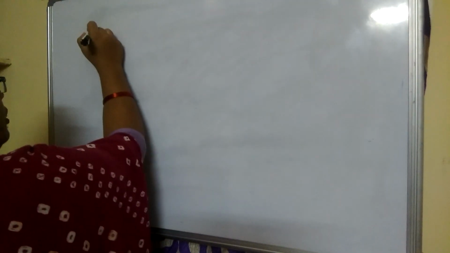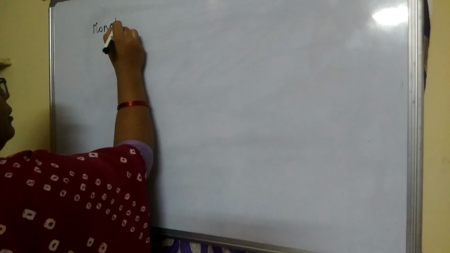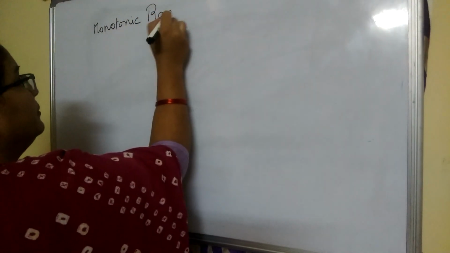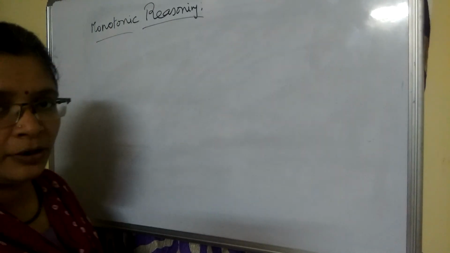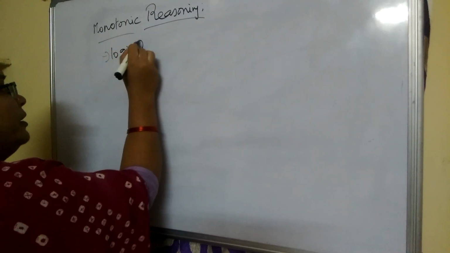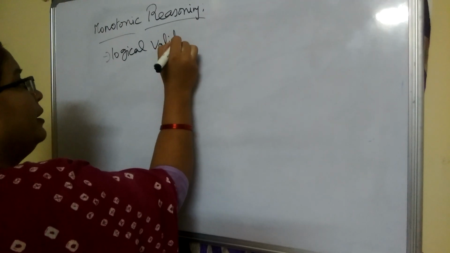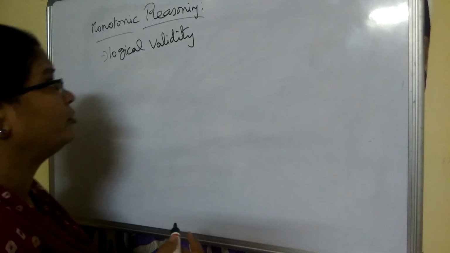First we talk about monotonic reasoning. So what is the meaning of monotonic reasoning? The logical validity of each and every statement here is true. We have discussed this in our earlier video, please watch that.